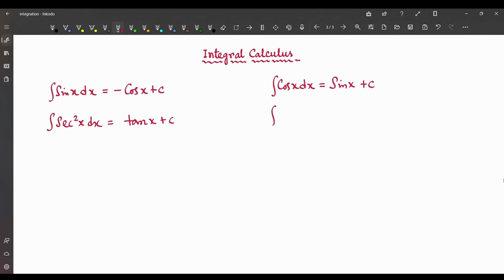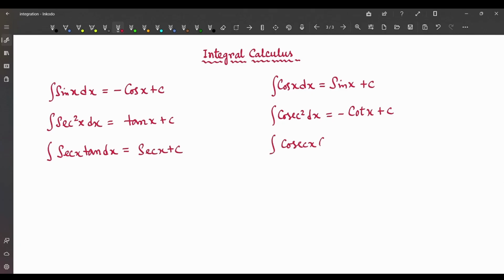Integration of cosec square x dx is equal to minus cot x plus c. Integration of sec x tan x dx is equal to sec x plus c. Integration of cosec x cot x dx is equal to minus cosec x plus c.